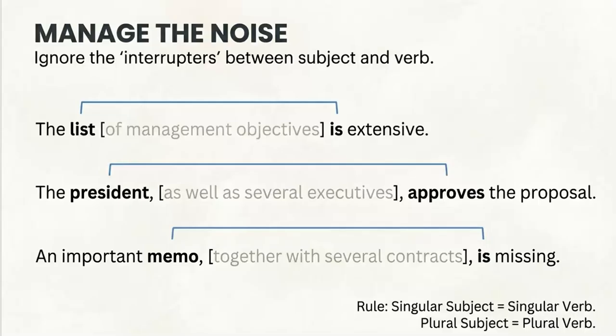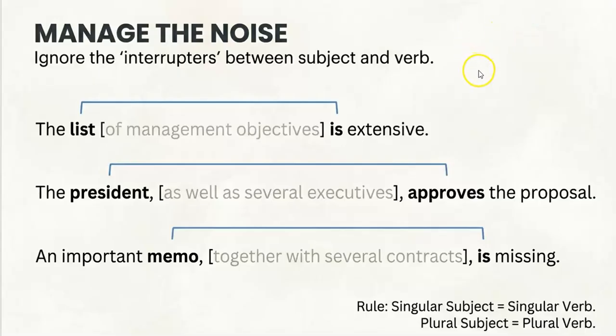So the golden rule of verbs is pretty simple. Basically, a singular subject needs a singular verb, and then a plural subject needs a plural verb. Sometimes sentences might try to trick you by putting in extra words or interrupters in the middle, and so just try to ignore those.